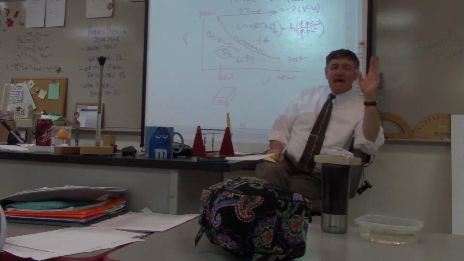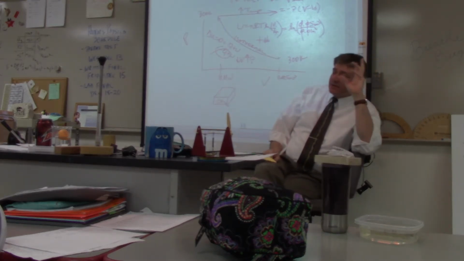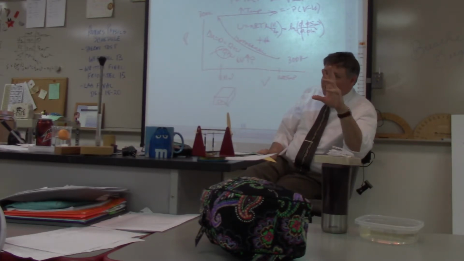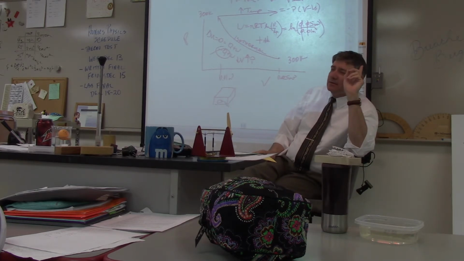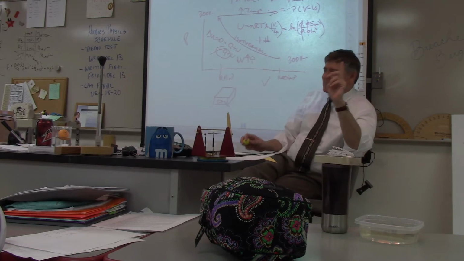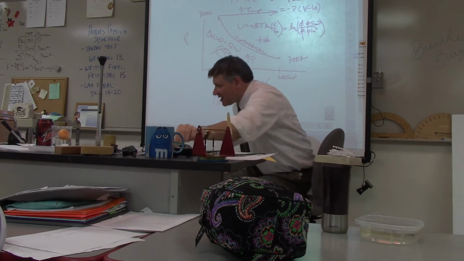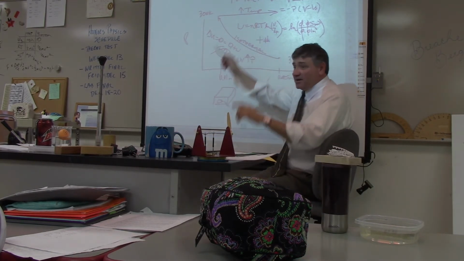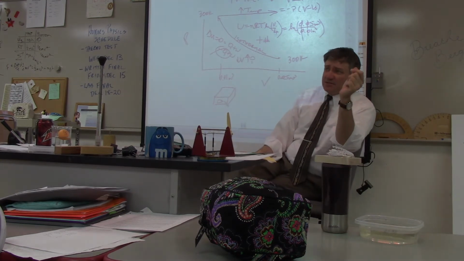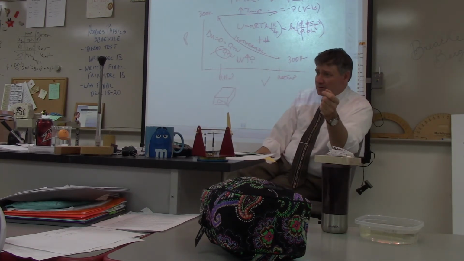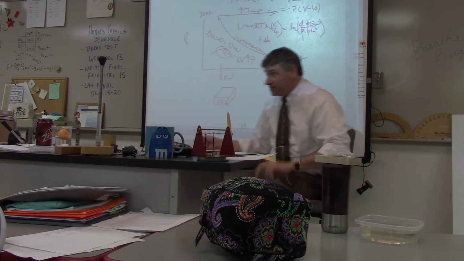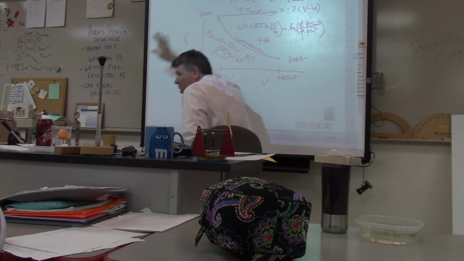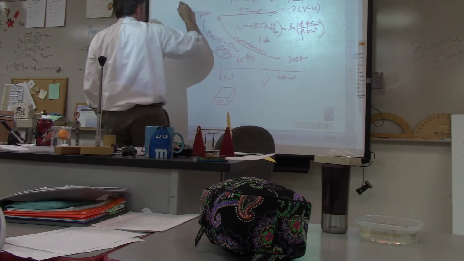So, this is how we can do it: we make the room bigger, but at the same time we increase the kinetic energy. Now, the temperature is going to go up. So what's the sign of delta U? Positive, right? Positive delta U. Now, here's one of the most important things that you have to look at.